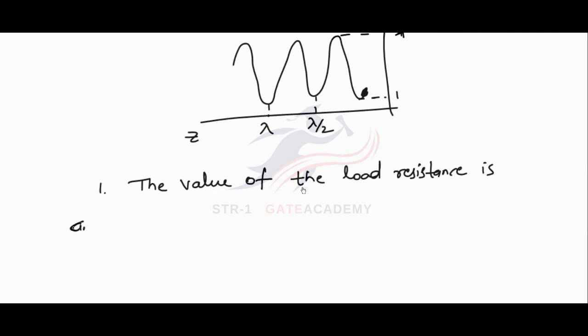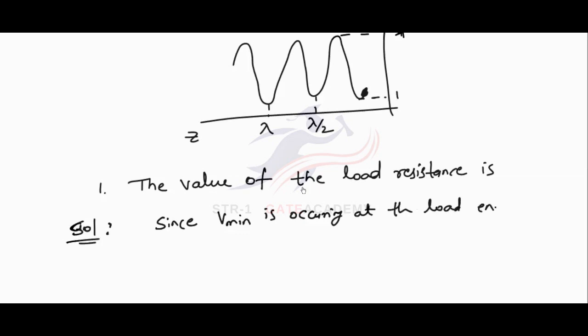So the solution of this is, since Vmin is occurring at the load end, the load connected must be Rmin.